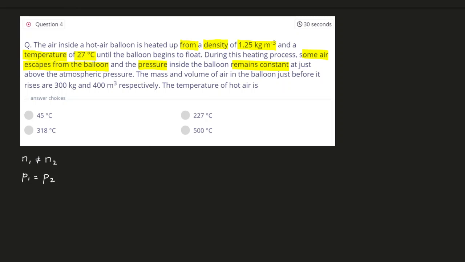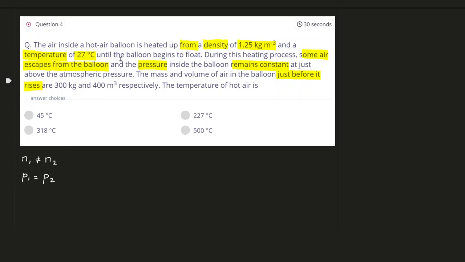The mass and volume of the air in the balloon just before it rises is 300 kg and 400 meter cube respectively. So this just before it rises is actually the final state, because here it says until the balloon begins to float.